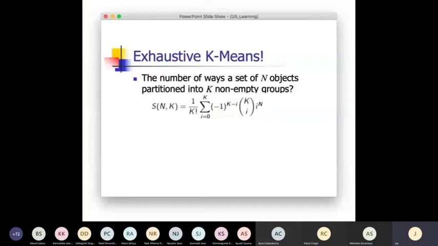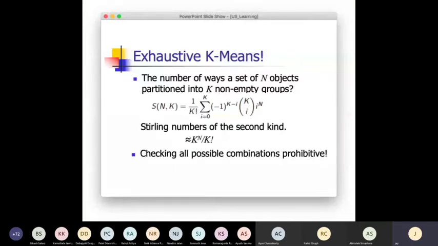This number can be approximated by a simple form, which we call Stirling numbers of the second kind, k to the power n by k factorial. So it is exhaustive, of exponential order in n, as you can see. Naturally, there are too many combinations, and it is not tractable to solve this problem.